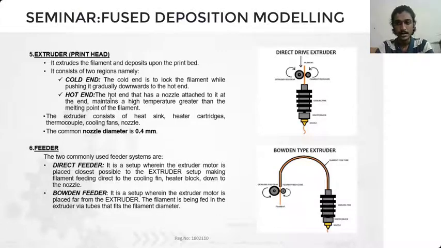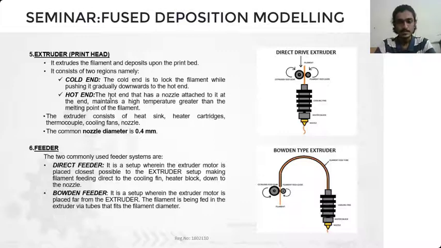The cold end contains the driving wheels which push the filament into the hot end. The hot end contains the heating coils and cooling mechanism, and melts the filament and extrudes it through the nozzle upon the print bed. And the nozzle diameter is commonly of a standard size, generally 0.4 mm.